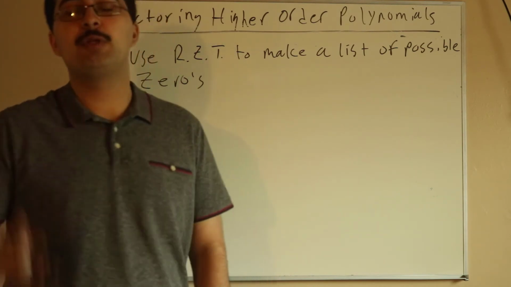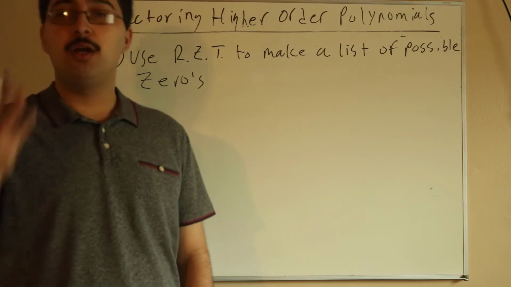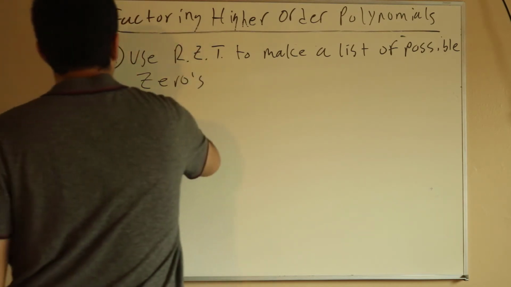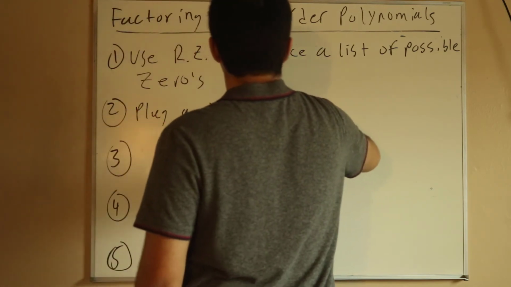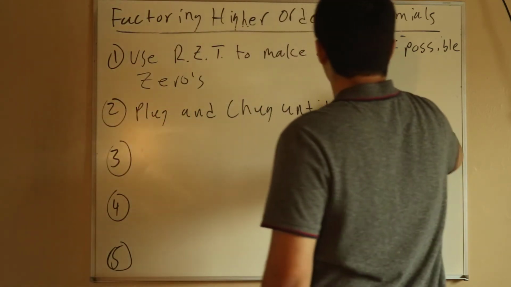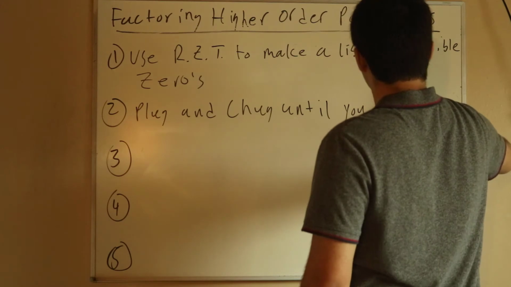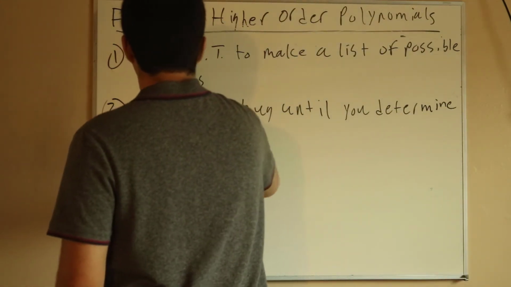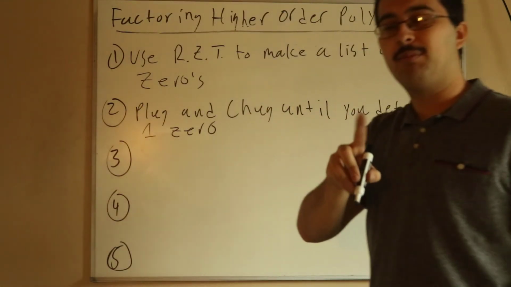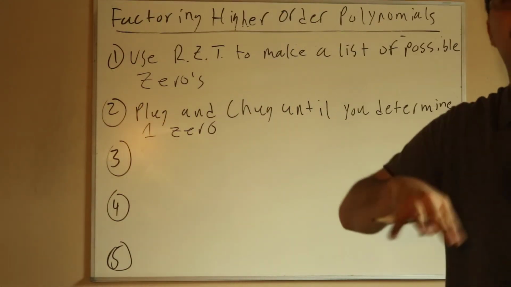So step 2 is plug and chug until you determine one zero. So all you need is one zero at step 2. Once you figure out one, you can stop and move on to step 3.